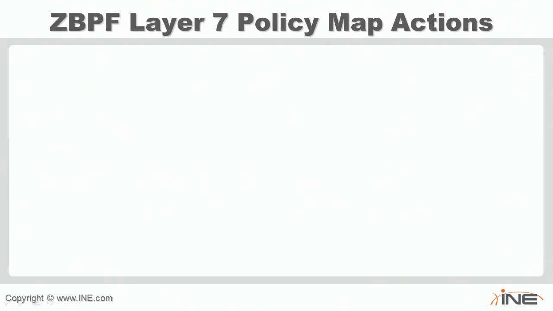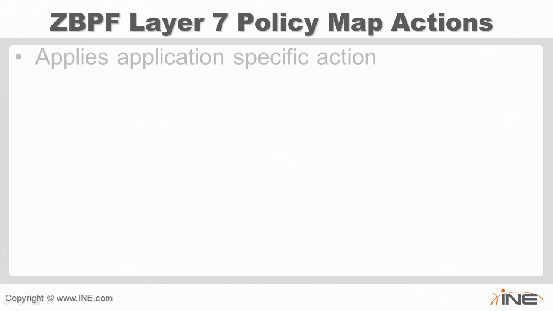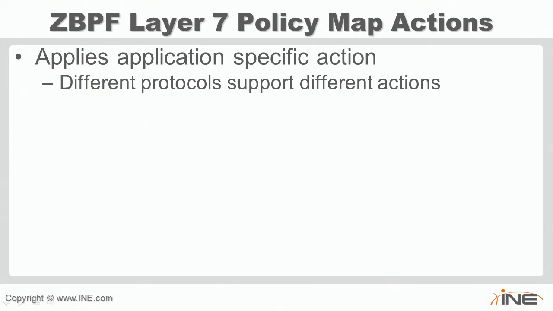Now, the application-specific inspections, these are going to have some different application actions depending on what is the actual engine that we're using for the inspection. So the key is that different protocols are going to support different actions. Where web inspections would allow you to reset the packet or to log the packet or to allow the packet, that's not necessarily going to be true of a voice over IP session or a mail type inspection.